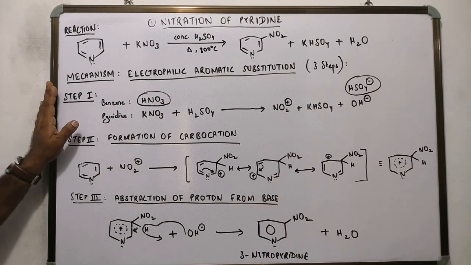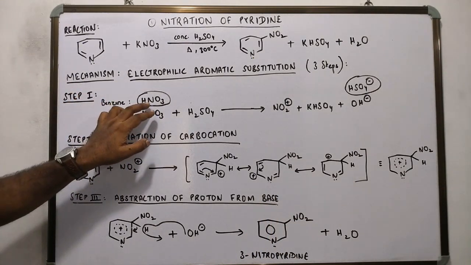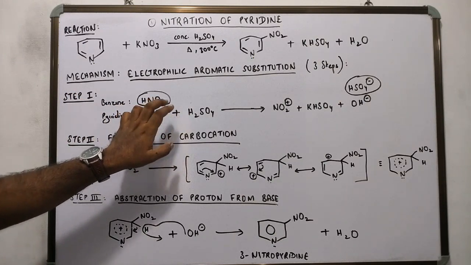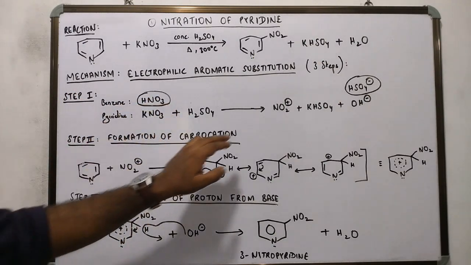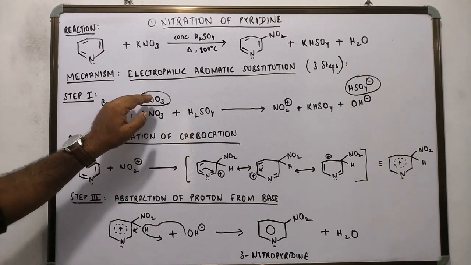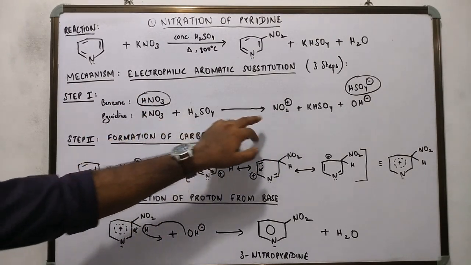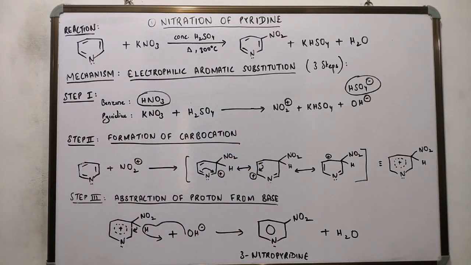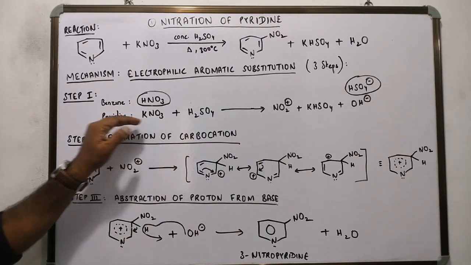Now, usually in benzene, we use HNO3 and H2SO4 as nitrating mixture, which yields the nitronium ion. Here, we have used KNO3 in place of HNO3 to yield the same nitronium ion. But why? Why KNO3 in pyridine?